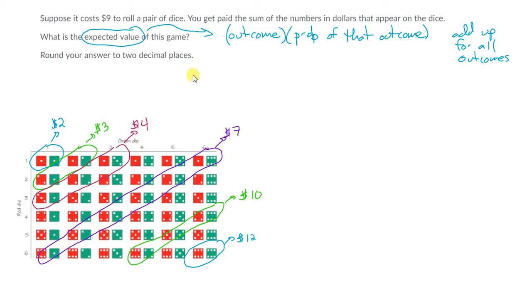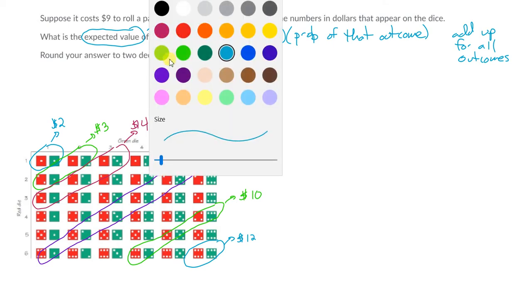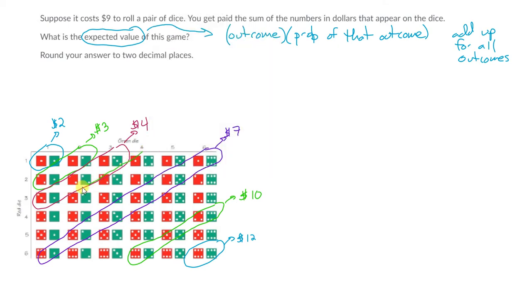Actually, should we just finish it up? We're almost done. This would be $5, right? These would be $6. This would be $11.